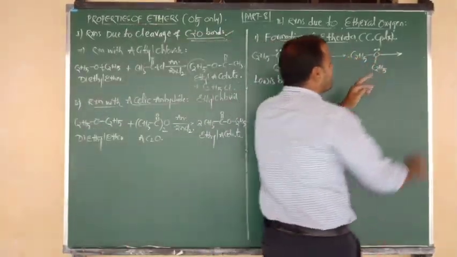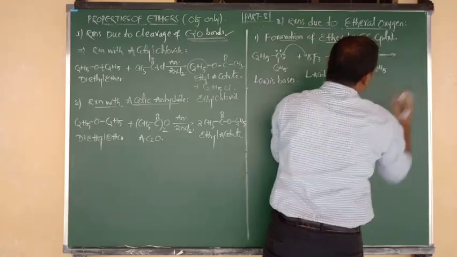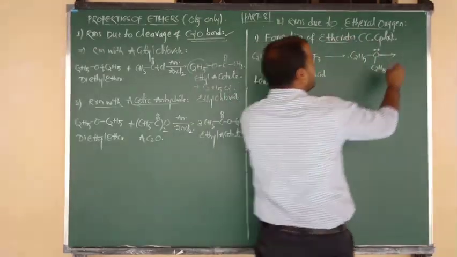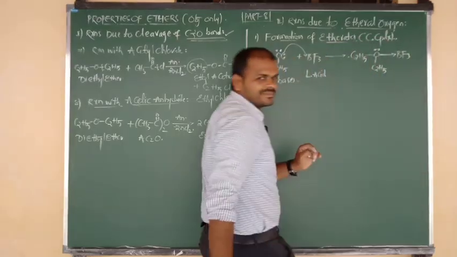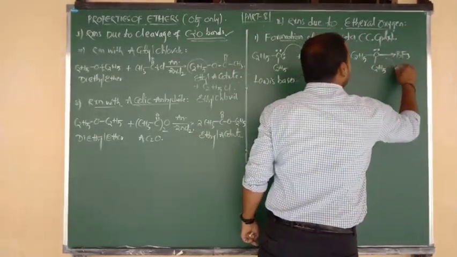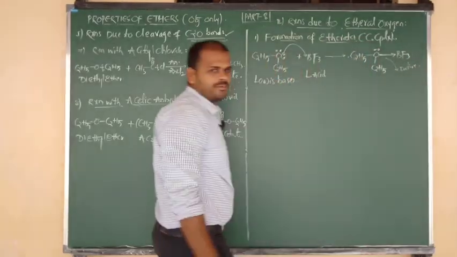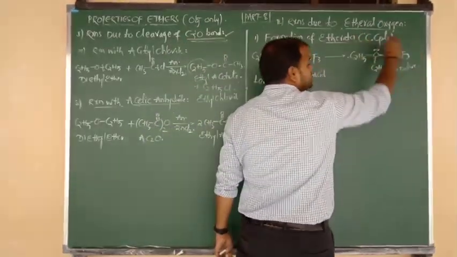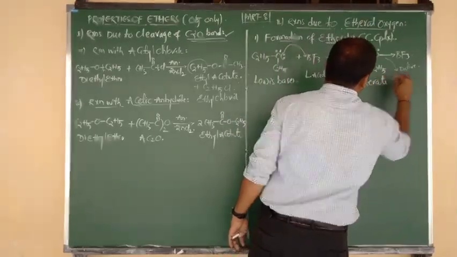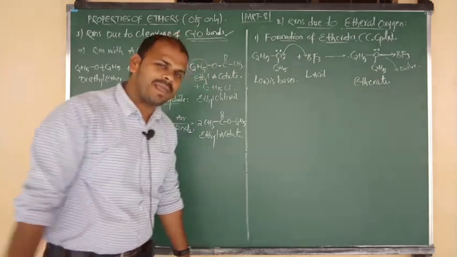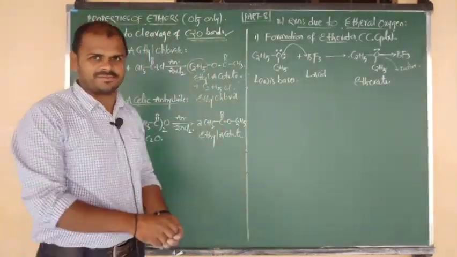So the arrow mark indicates the formation of a coordinate covalent bond from donor to acceptor. The acceptor is BF3. Understood? So this bond indicates which bond? Dative bond, and also we can say coordinate covalent bond. And this entire complex is the etherate complex, or coordination complex, which is formed by using ether's lone pair donating capacity.